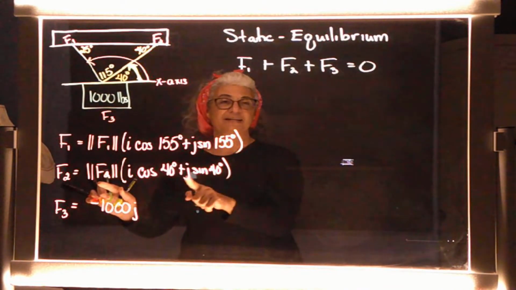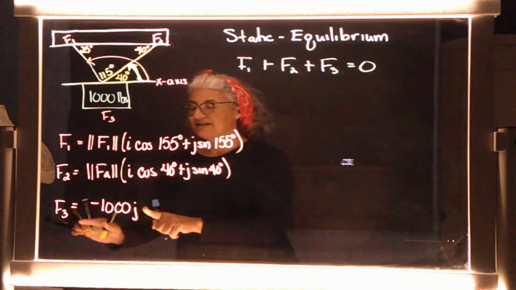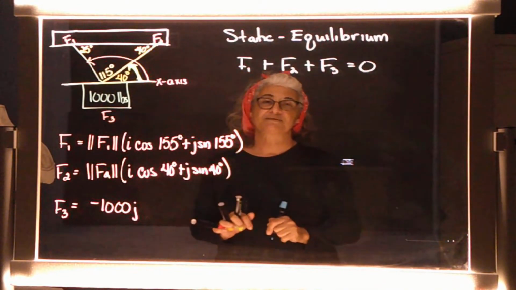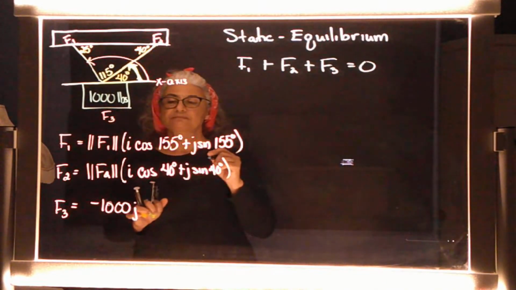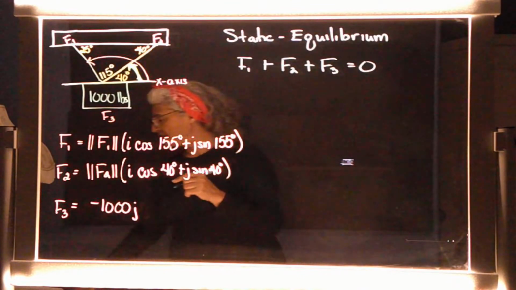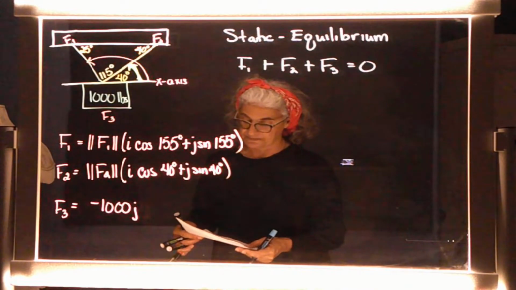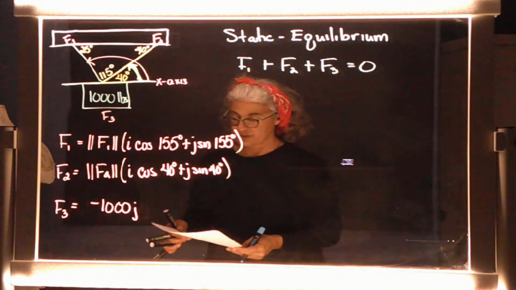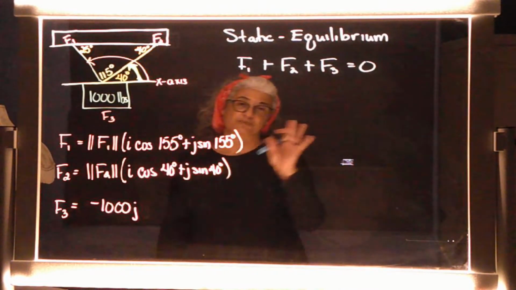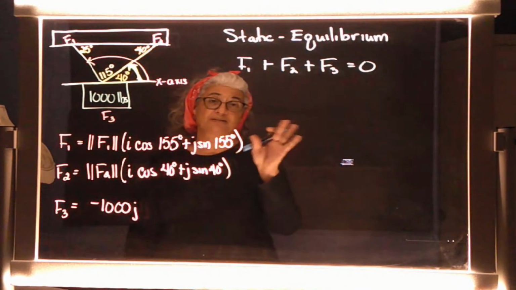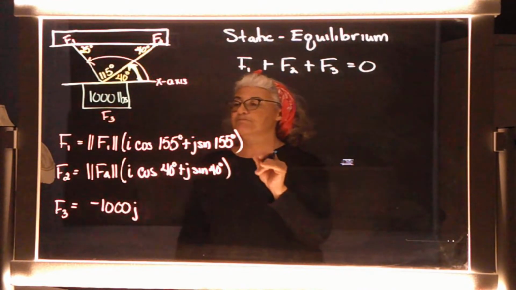I have to add it to the F2 vector, and then I have to add it to the F3 vector. So, if you allow me, I am going to do a distribution here. Okay? I'm going to do a distribution. Just making sure how, because I tried to make it as clean in my notes as possible.